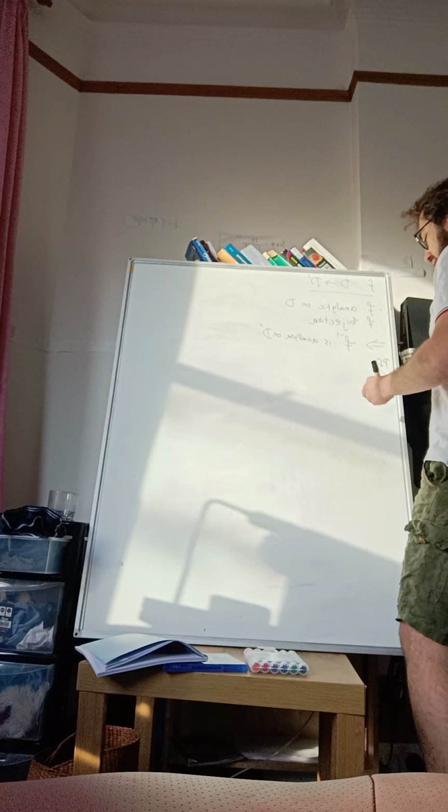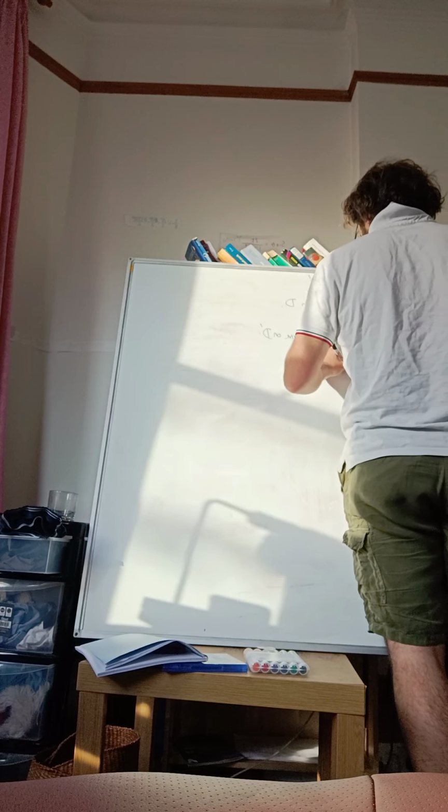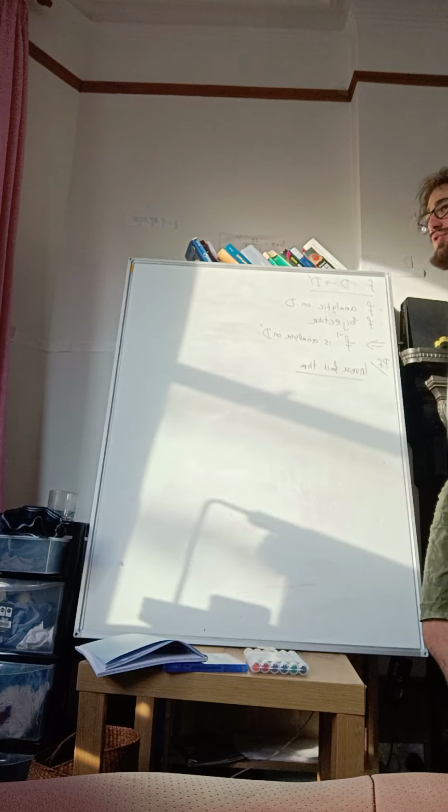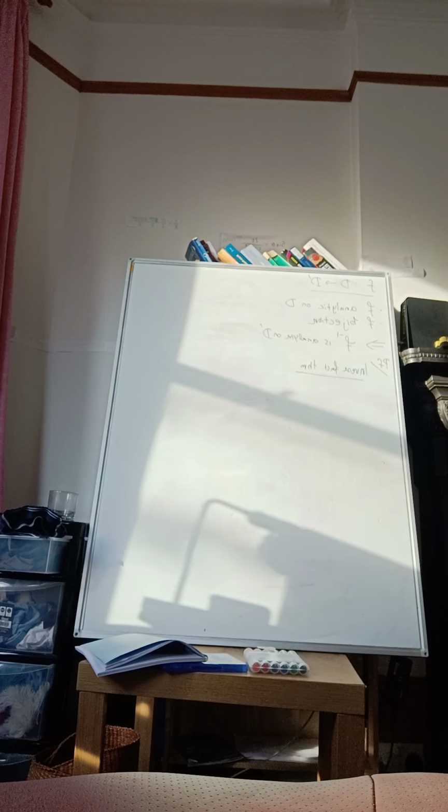So what's the proof of this? So I use the inverse function theorem. Okay, so the inverse function theorem. What does it say, the inverse function theorem from complex analysis?